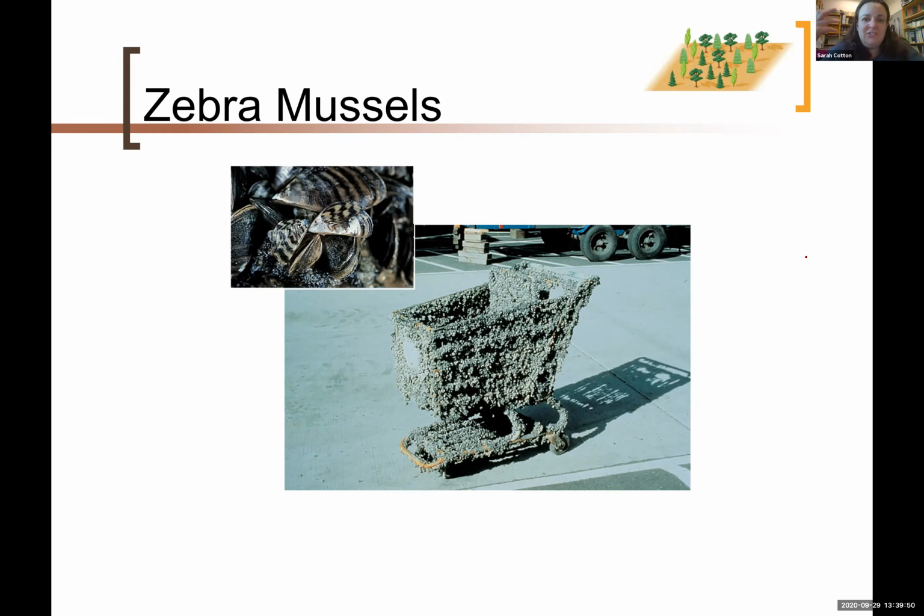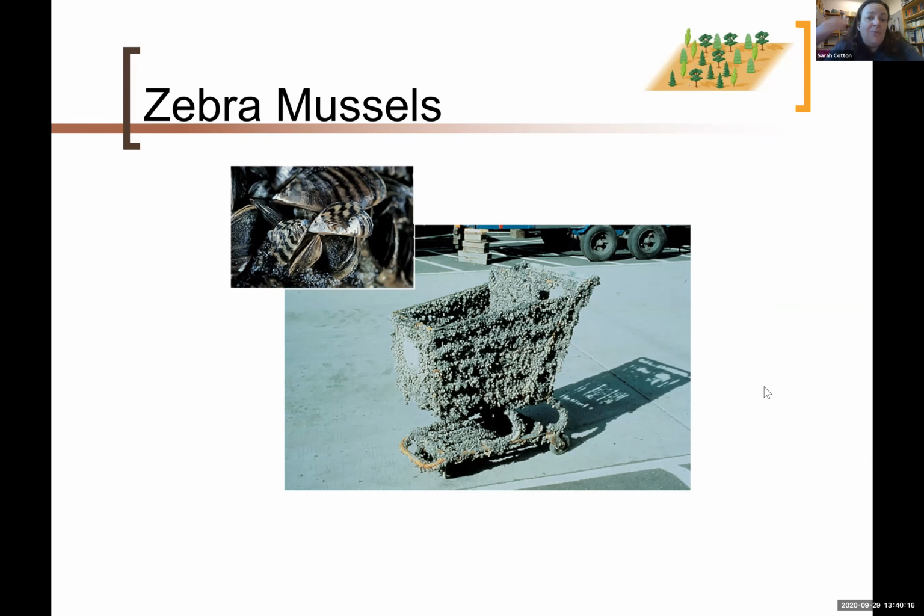So they fill in sewer pipes and drain pipes. They cover anything that ends up under the water. So this picture is kind of a fun picture of a shopping cart that ended up in one of the lakes, and they just grew all over it. And so they're nasty little things, and they're super hard to get rid of because they're so abundant, because they're so very successful.